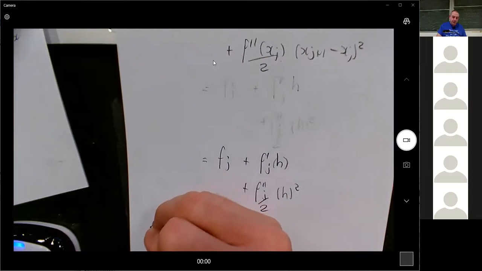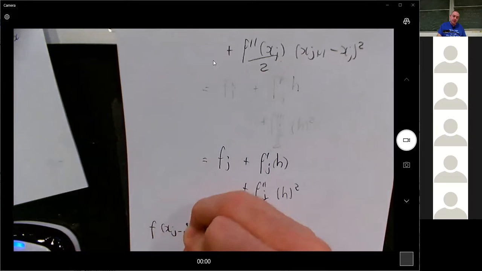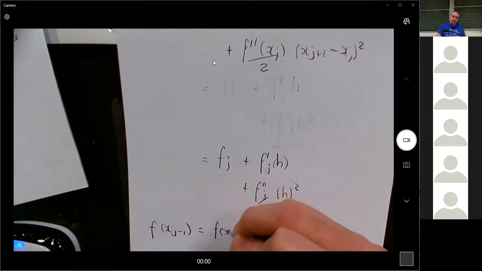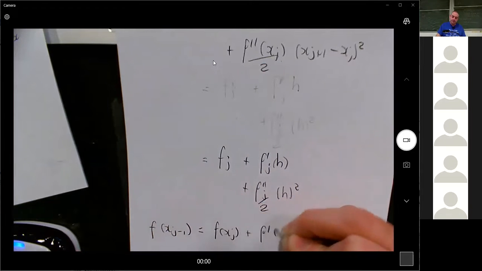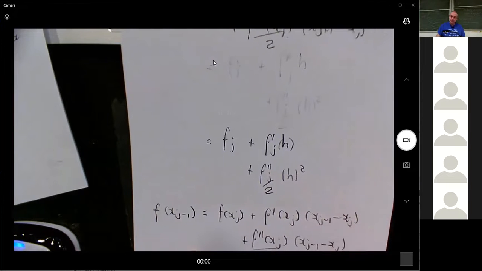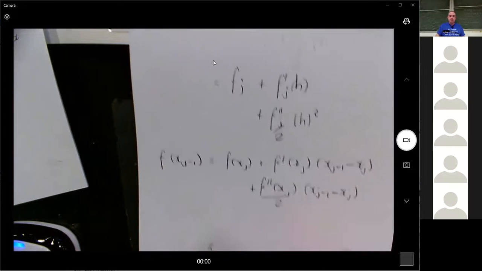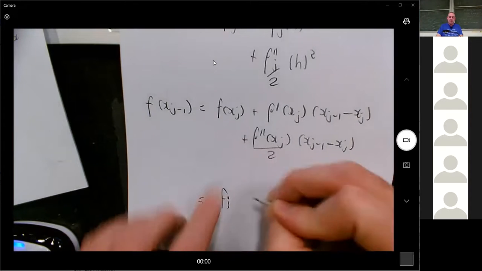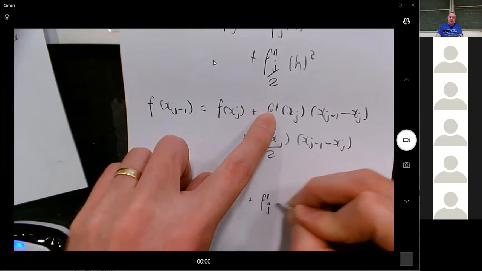And f of xj minus 1, now this is fj, this is f dash j.